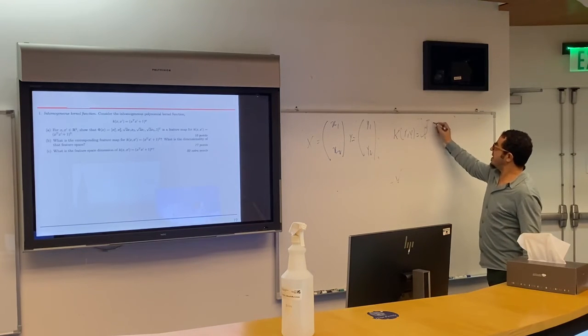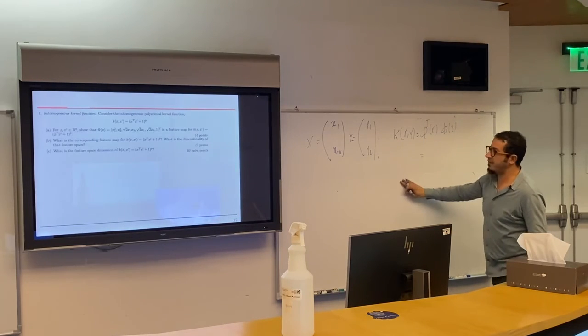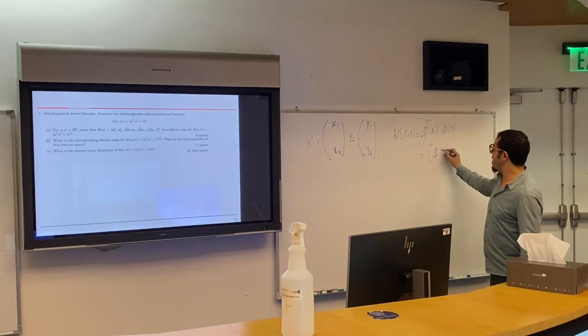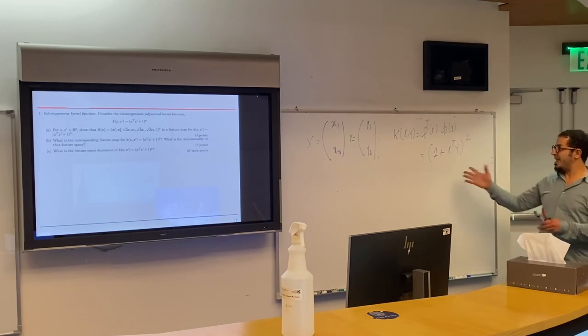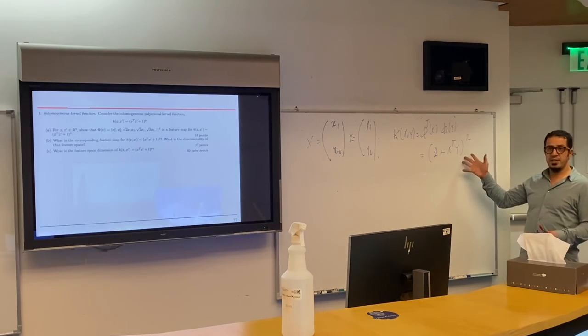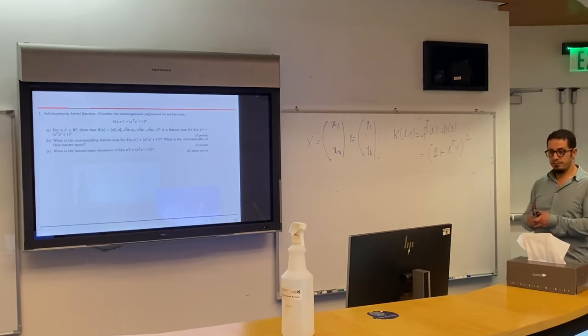It is phi x times phi y, and in this specific case it is (1 plus x transpose y) squared, right? So I need to do a decomposition of this to get the features.